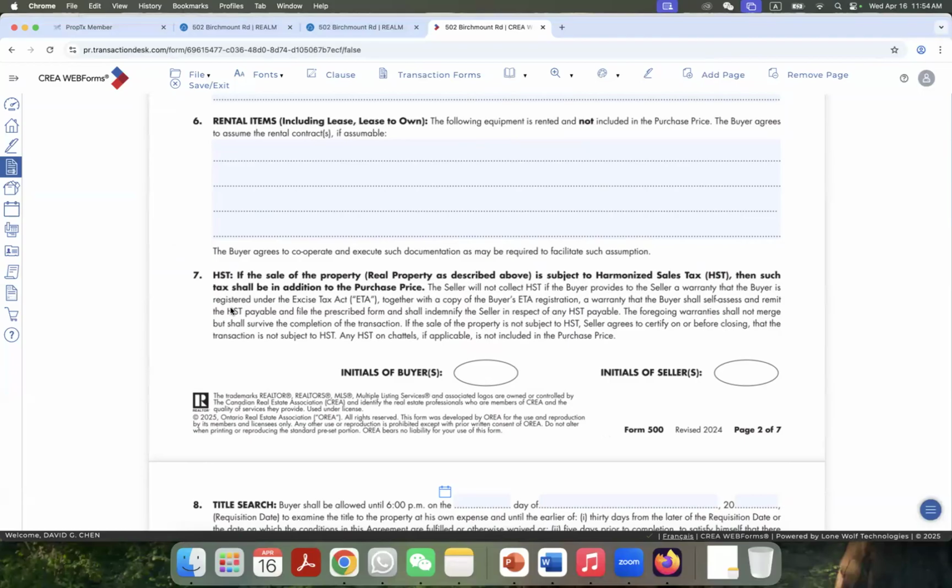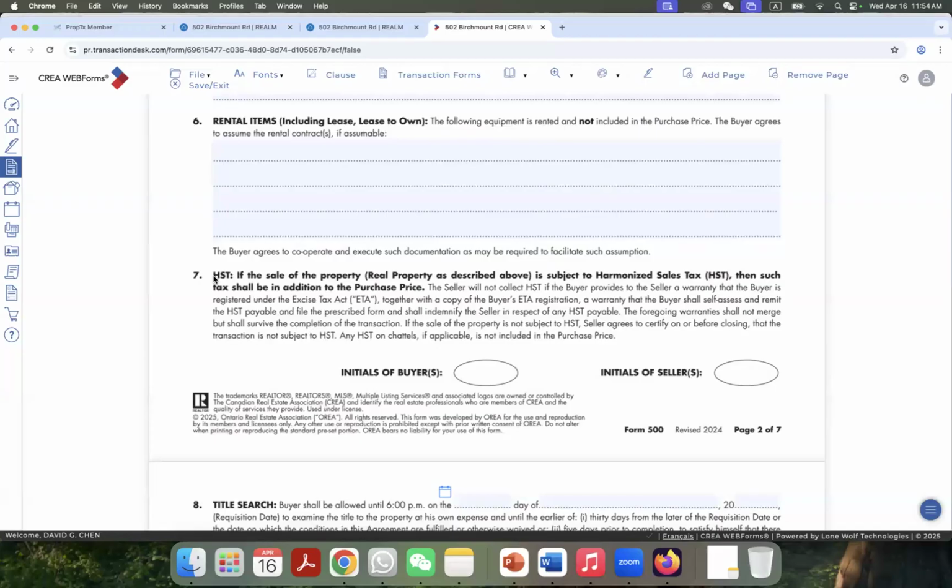So in many cases, for commercial property, selling or buying, we always say HST in addition to, not included. Otherwise, the seller will have to pay the CRA HST. So in this case, number 7, the same thing as when you buy farmland, some commercial farmland, commercial use. HST, say included or in addition to, always in addition to.